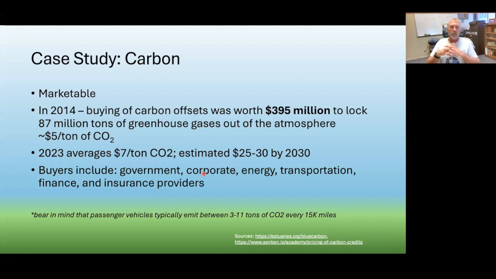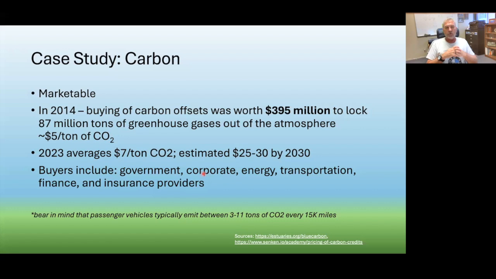Last year, 2023, the averages were about $7 a ton. So that market is going up now. It has fluctuated quite a bit. There are some years where it's down, some years up, like all markets, right? It's supply and demand. But overall, we're seeing those values starting to increase.